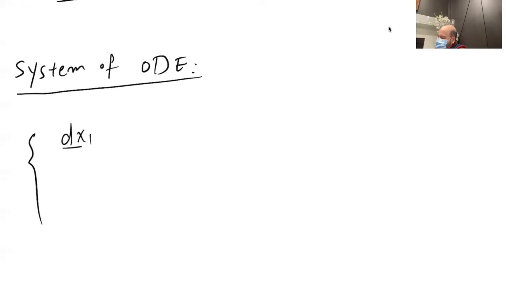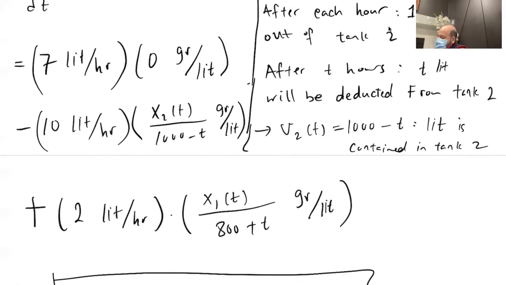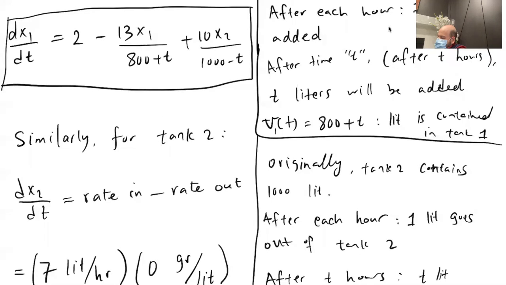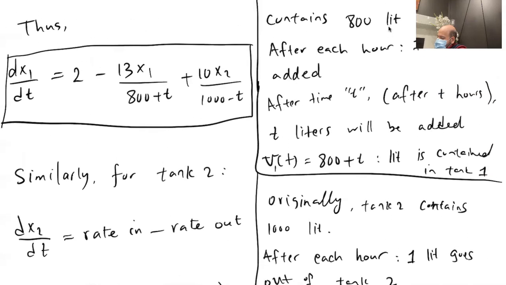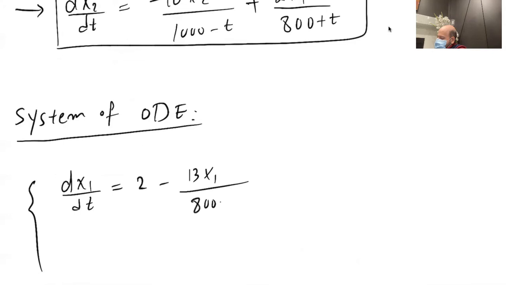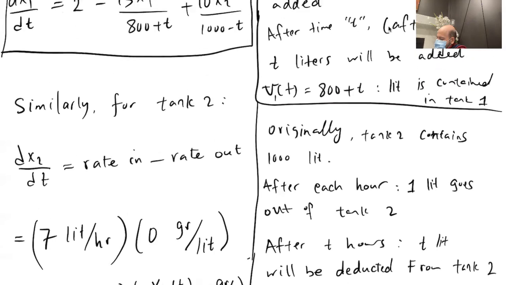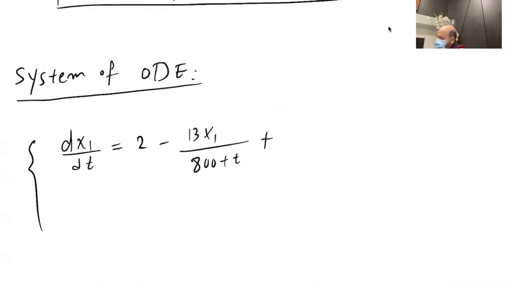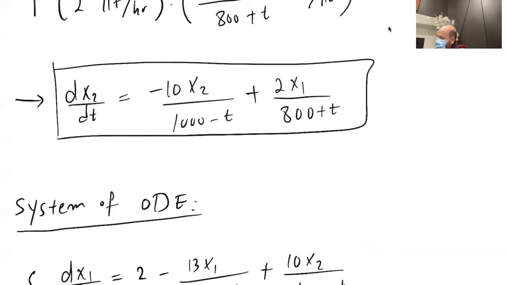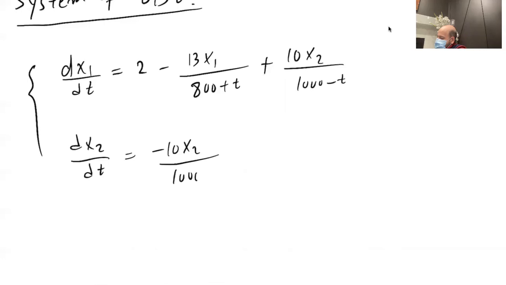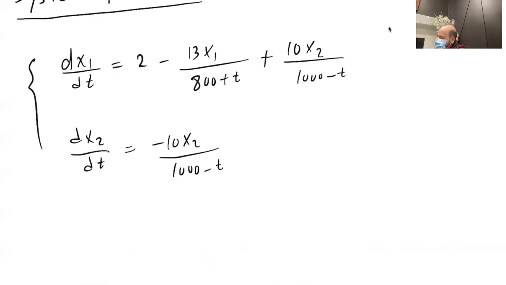We have dx1/dt equals 2 minus 13 x1 divided by 800 plus t plus 10 x2 divided by 1000 minus t, and then dx2/dt was equal to minus 10 x2 divided by 1000 minus t plus 2 x1 divided by 800 plus t.